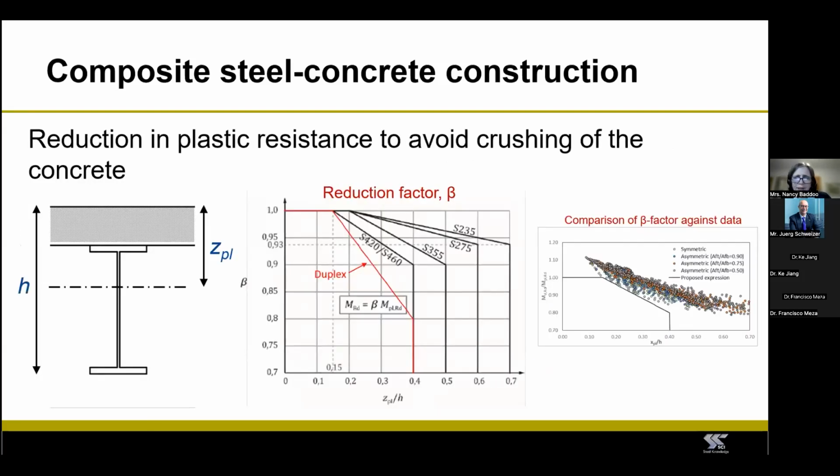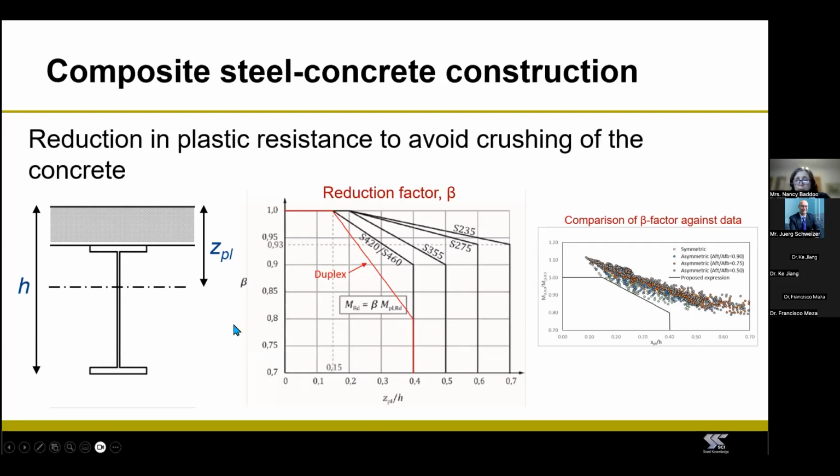So when calculating the bending resistance of composite beams made of carbon steel, your design code will tell you, right, the plastic bending resistance you get when assuming a stress block distribution, you have to reduce it if the position of the plastic neutral axis is below a certain amount. And this is because you have to avoid premature failure due to crushing of the concrete slab.